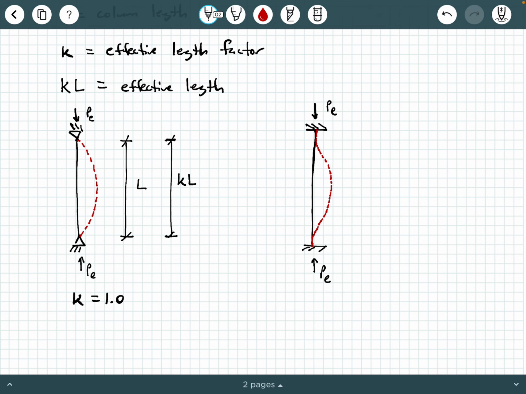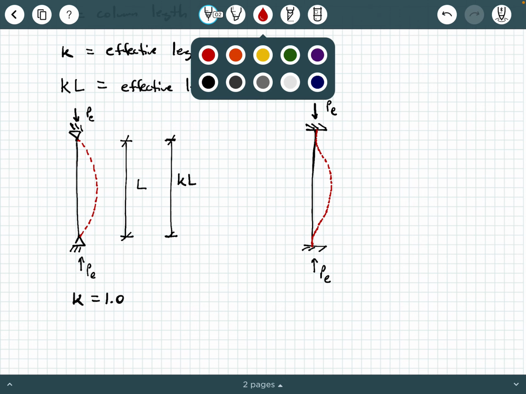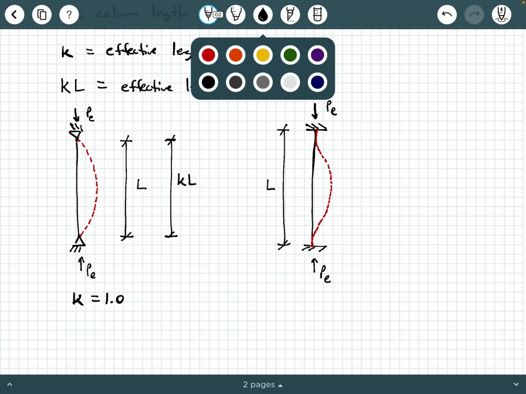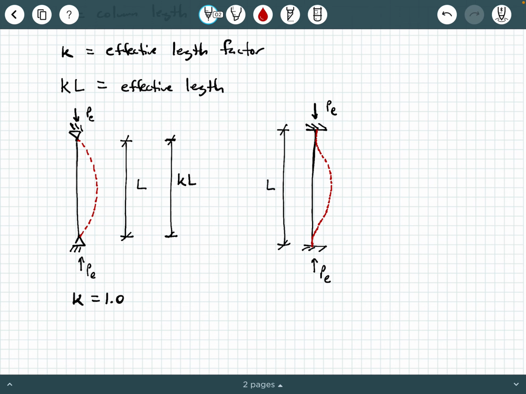Now the total length of this column is still L. I'm going to put this total length L. That's the actual geometric length of the column. But how much of this is going to buckle? Well, here, this is the approximate amount that we are considering will buckle.